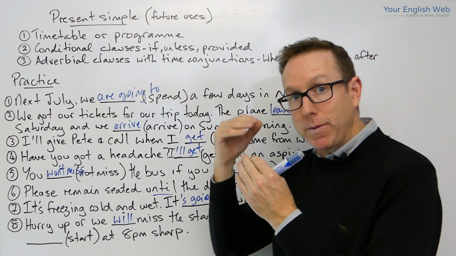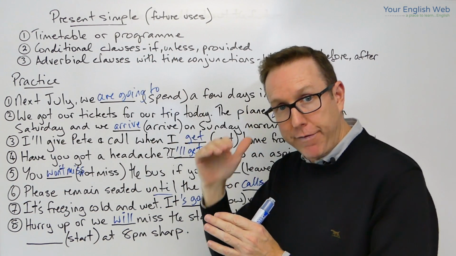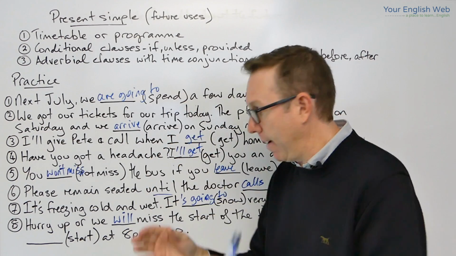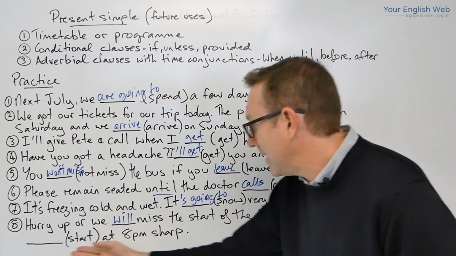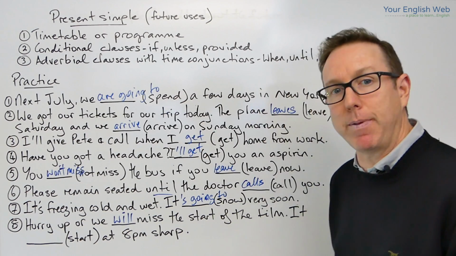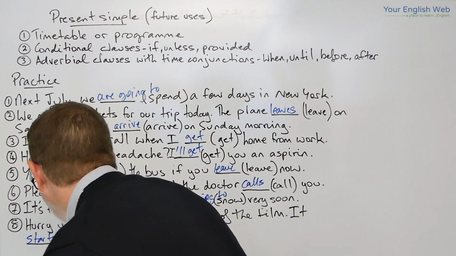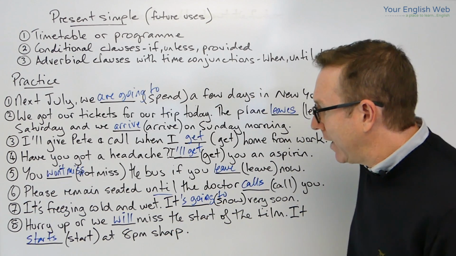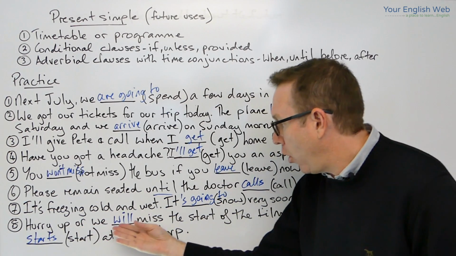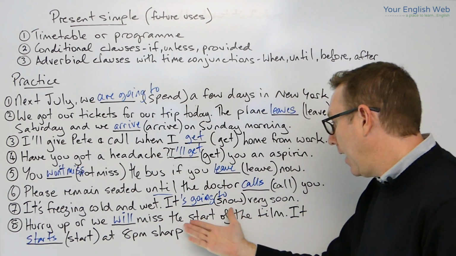The start of the film is programmed to begin at a certain time. The film, there's a timetable, there's a program. So, it starts at 8 p.m. sharp. It starts at 8 p.m. sharp. So we can see here, hurry up or we will miss the film. We're using will here, okay?